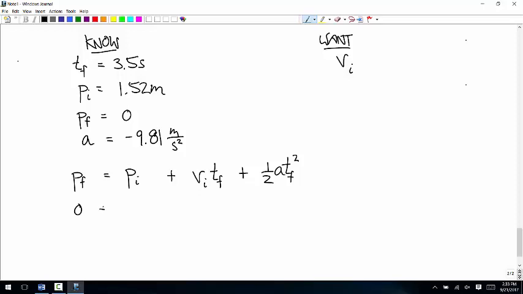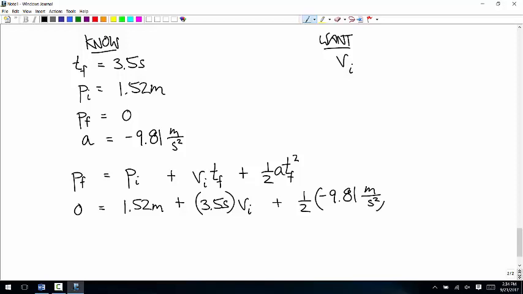So 0 is equal to 1.52 meters plus 3.5 seconds times VI plus 1/2 times negative 9.81 meters per second squared times 3.5 seconds squared.